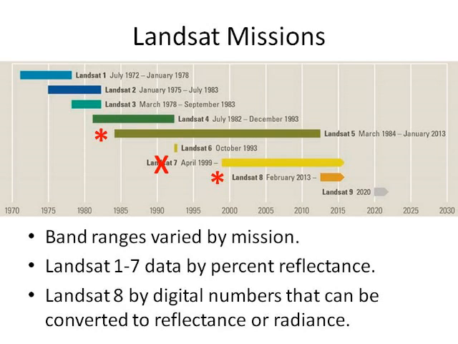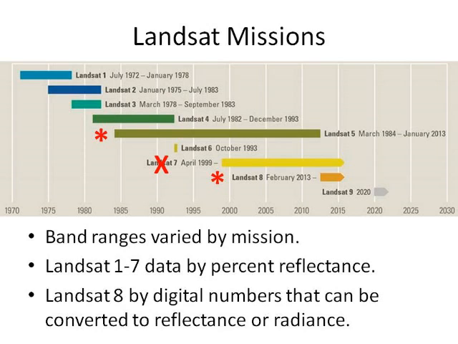With Landsat, there are different band ranges, and it varied by mission. So from one Landsat mission to the next, it's not identical, so you have to be concerned about that. Also, Landsat 1 to 7 data are by percent reflectance, and then Landsat 8, which was launched in 2013, is by a digital number that can be converted to reflectance or radiance.